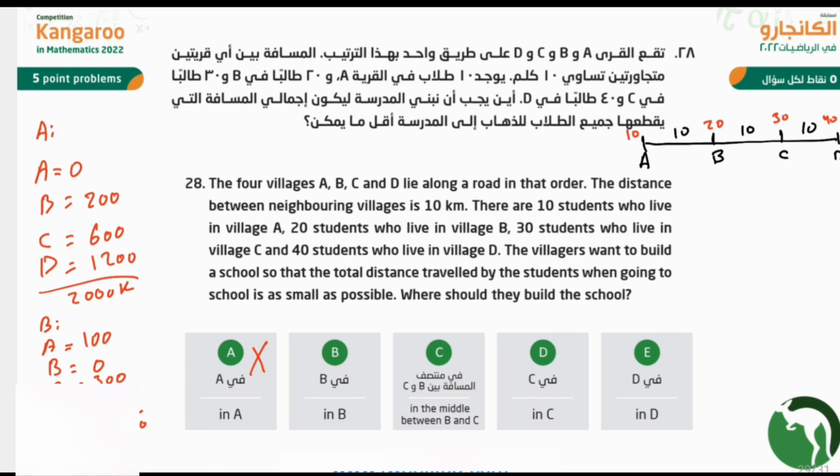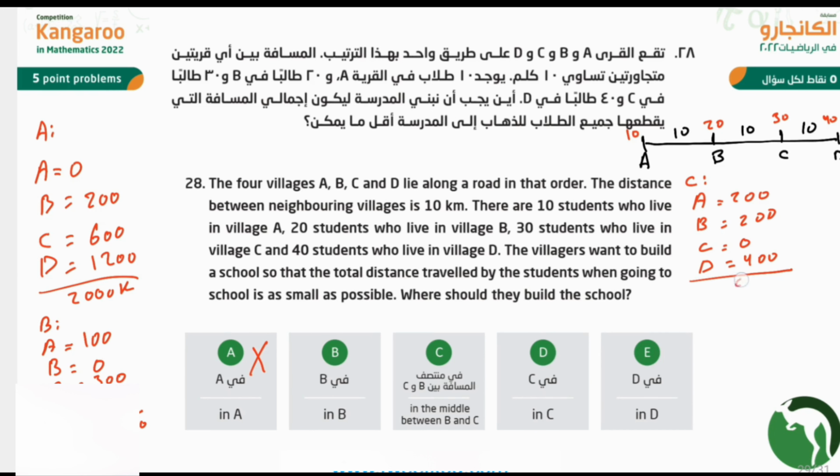Now let's check if we build the school at C. So if we build it at C, we will have A as 200 and B as also 200, because we have 20 students and we will multiply it by 10 kilometers, so we will obtain 200. And for C, we will obtain 0 because the school is built in village C. And for D, we have 40 students, they will cross 10 kilometers, so we will have here 400.